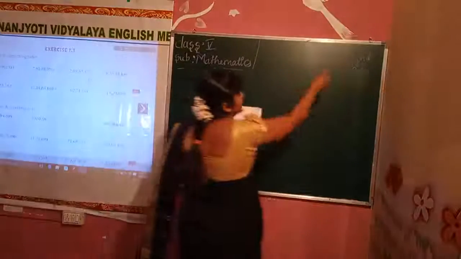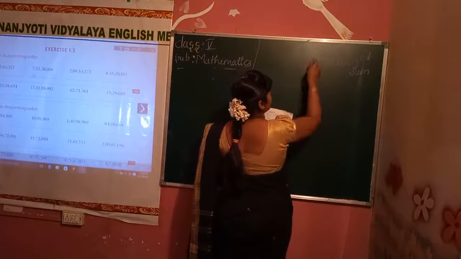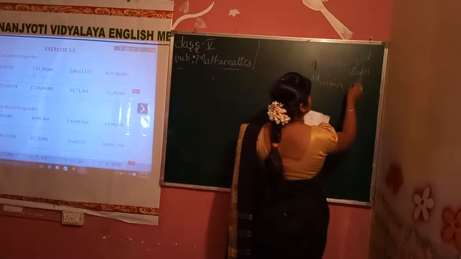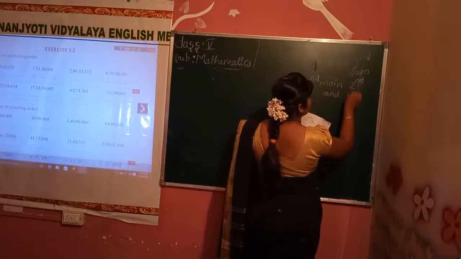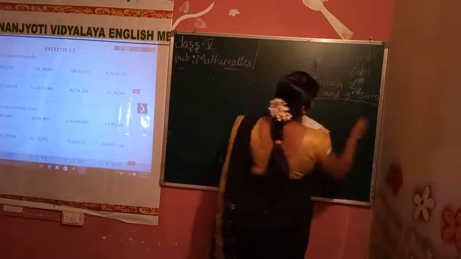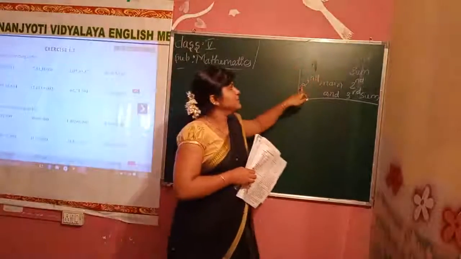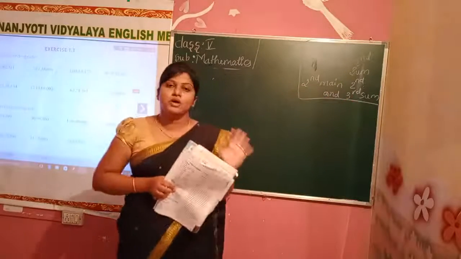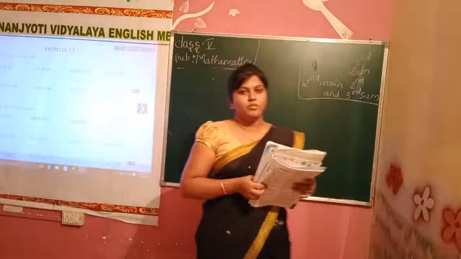Exercise number 1.3: first main, second sum, and second main, second and third sum. In which book? Homework book. Don't write it in classwork, in fair notes. Write in homework book only.